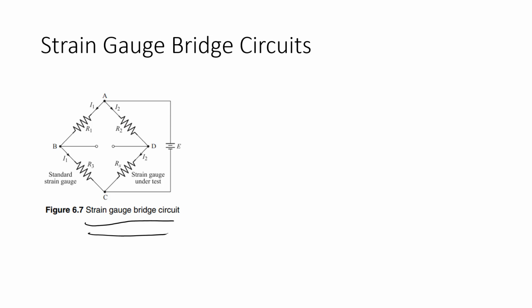And Rx is the strain gauge under test, so if we want to measure some parameters like force, pressure, stress, we can use these circuits. I mean that the parameter that we want to measure is connected to the Rx, or we can replace the Rx using the parameter that we want to measure. And then we have the standard strain gauge. This is the R3 and also the R1 and R2.